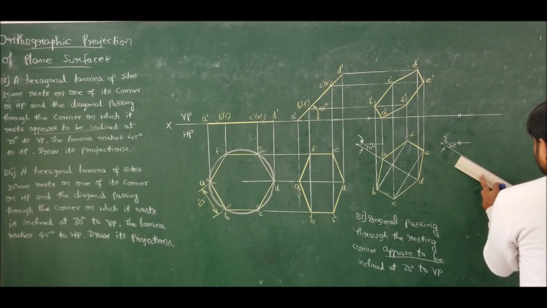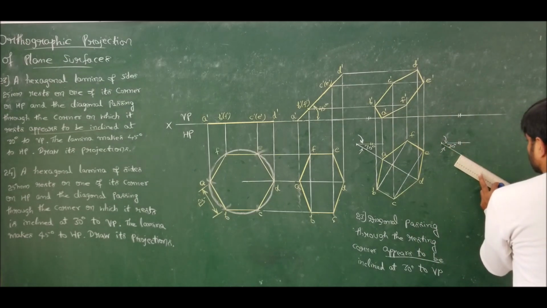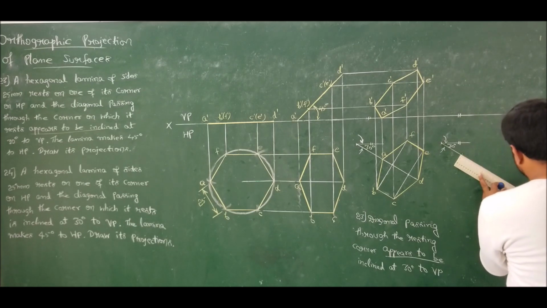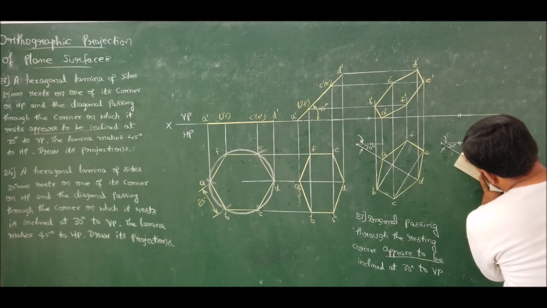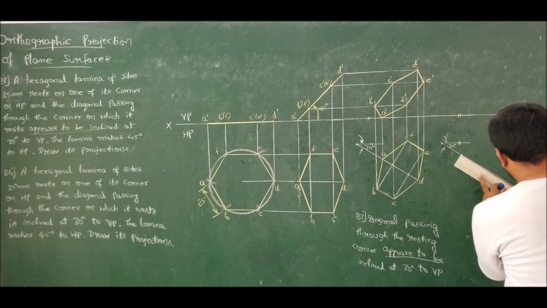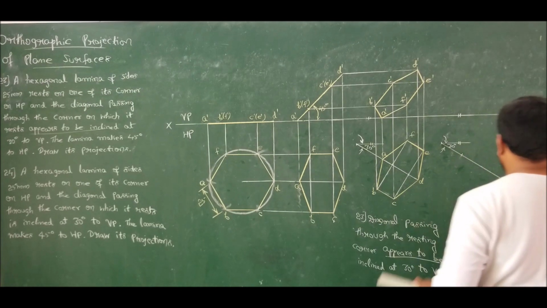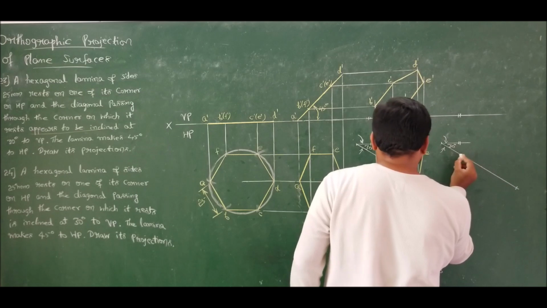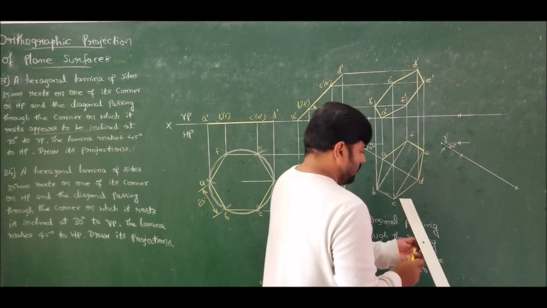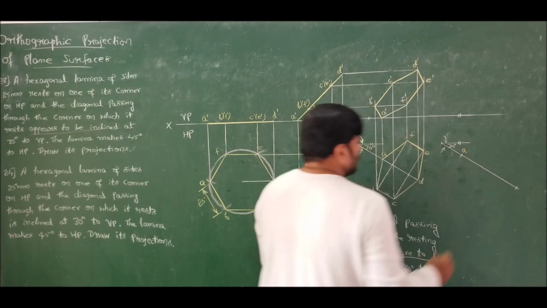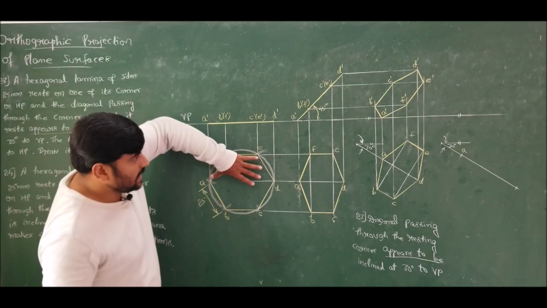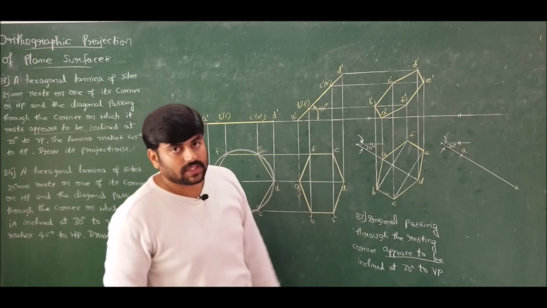So place 50 millimeters on this. I marked 50 mm. Mark the true diagonal 50 mm and call this corner A. I marked the true diagonal AD, which is 50 mm, at an angle of 30 degrees.